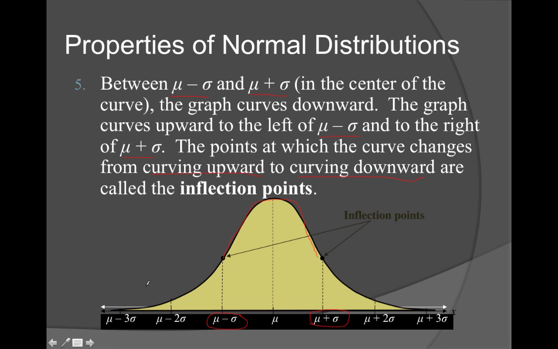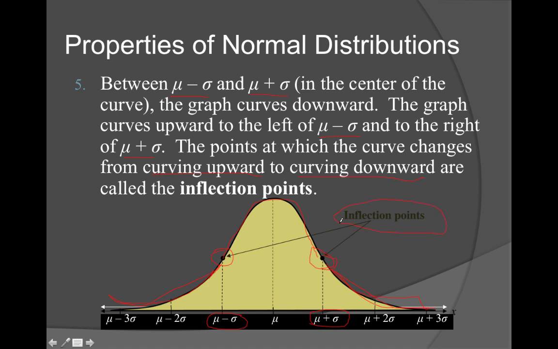On the outside, to the left of the mean minus the standard deviation, we curve up. And to the right of the mean plus the standard deviation, we curve up. So these points at which we're changing how it curves, whether it curves up or curves down, are called inflection points.